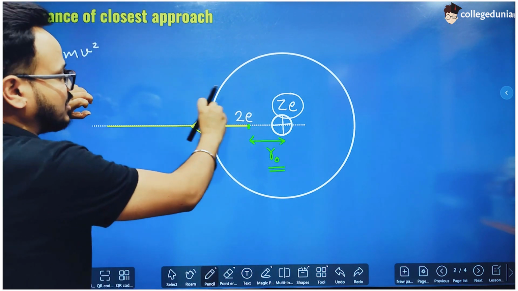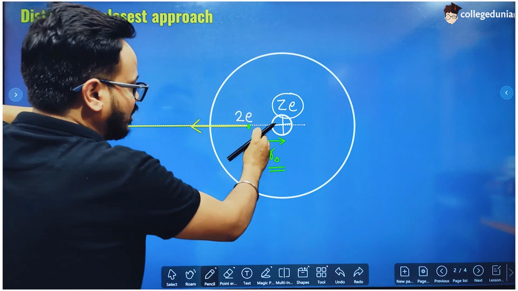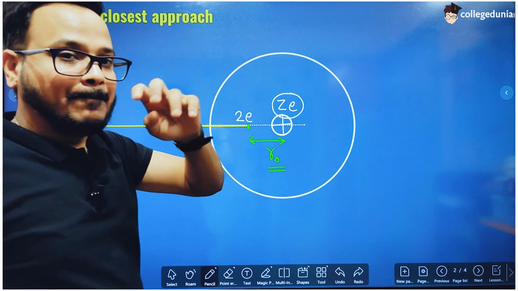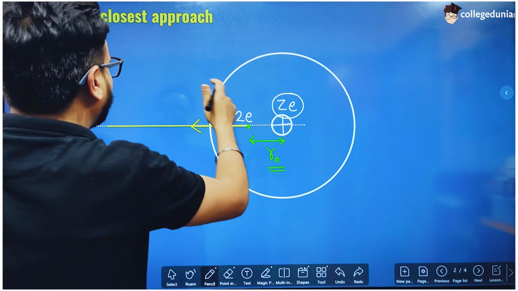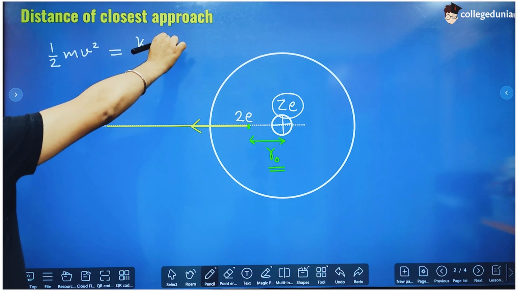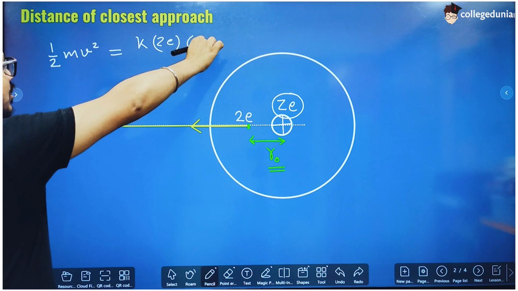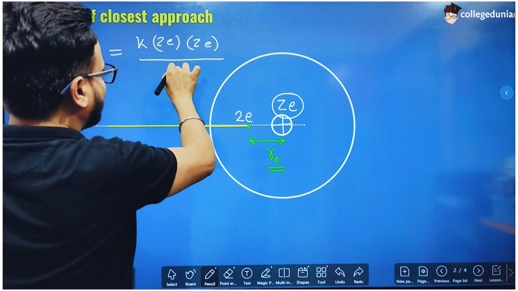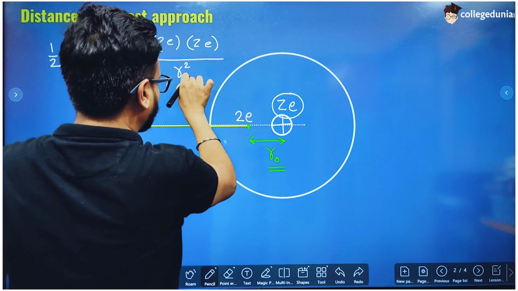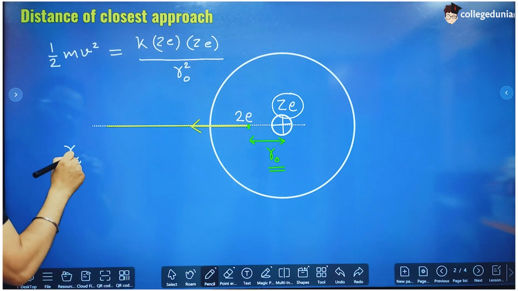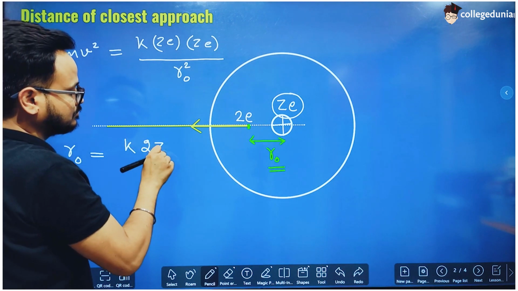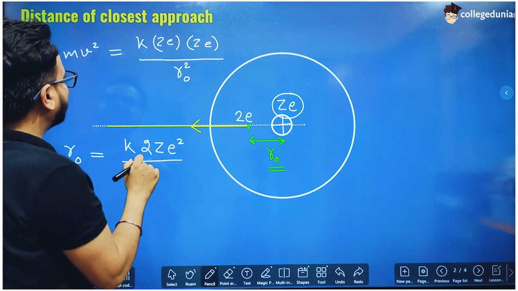The alpha particle turns back at that point where the entire kinetic energy of the alpha particle gets converted into the potential energy of this system of alpha particle and gold nucleus. So we will write K, that is 1 upon 4 pi epsilon naught into 2e into Ze divided by r, and this is r naught in this case, and using this equation he calculated the value.